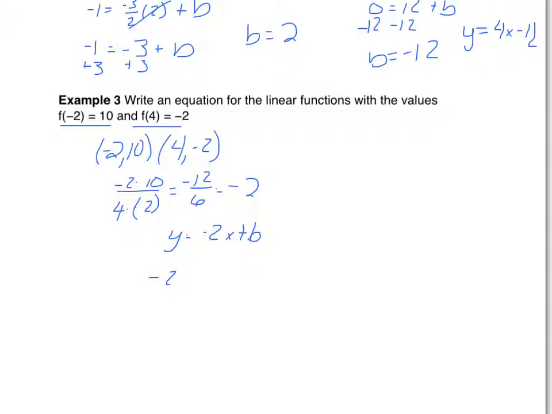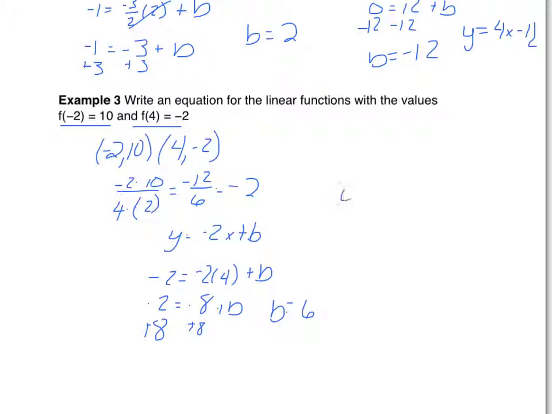So I'll have to write -2 equals -2 times 4 plus b. -2 equals -8 plus b, plus 8 plus 8. b is equal to 6.